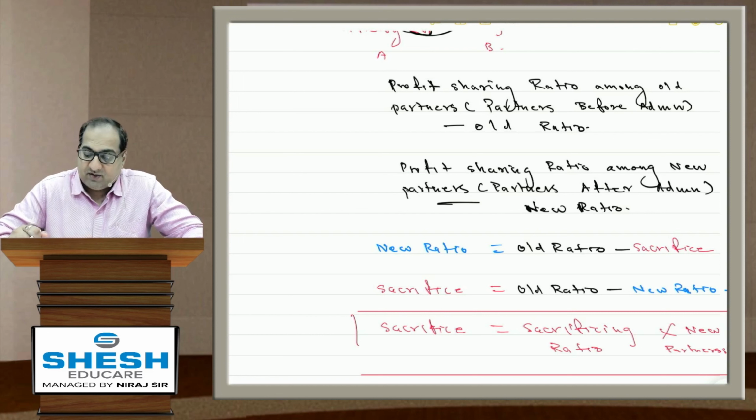So you better understand one thing. Why do you admit a new partner? Because you are going for expansion, you want more capital. One of the partners is not having so much enthusiasm that he can spend the same number of hours at the business place. There is some competitor who is going to come up with the same shop, same area. So you are admitting him. There could be many reasons. Some want to be part of the existing partnership firm.